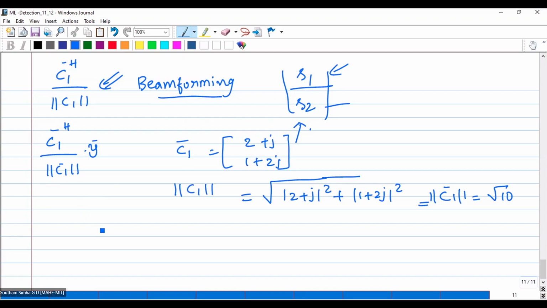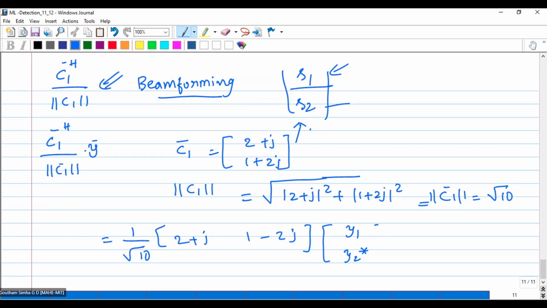Similarly, what does it mean? That is equal to 1 by root 10 of the symbol, that is 2 plus j into 1 minus 2j, into whatever I have received, y1 and y2 conjugate. This is how you extract s1.